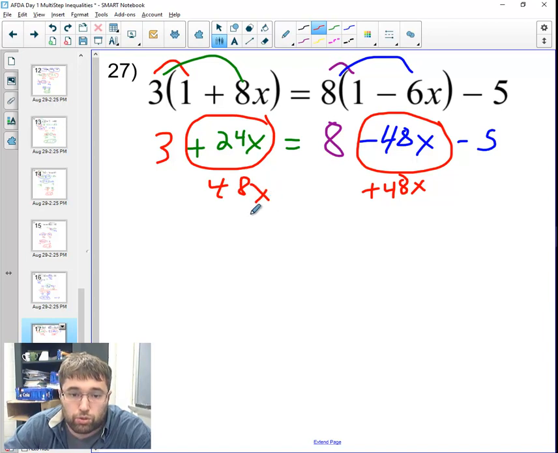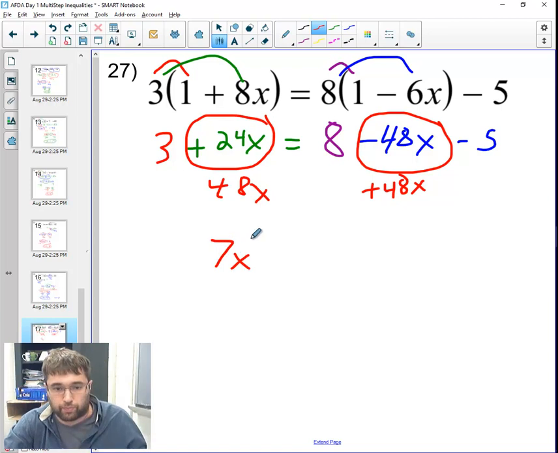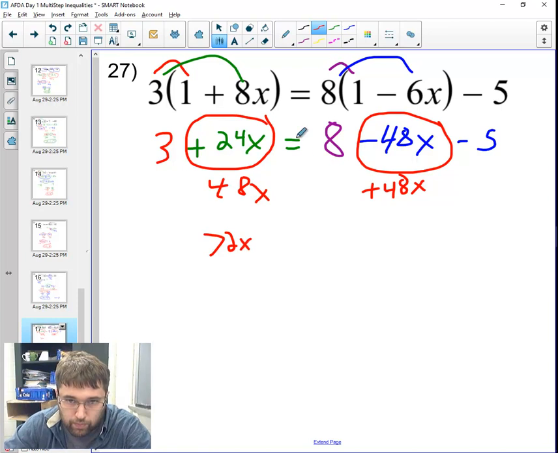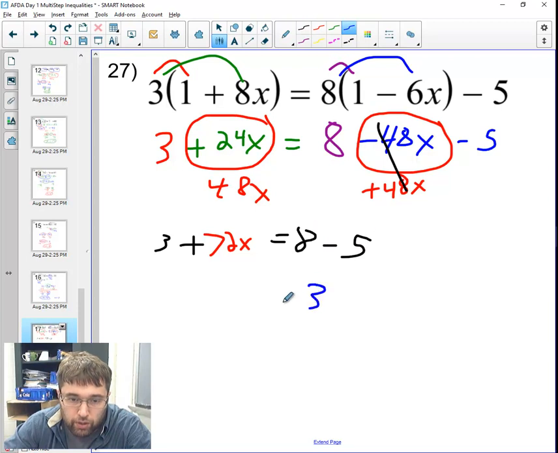Wow, that's huge. 24 plus 48 is 72x. And then this cancels out, bring down the positive sign, equals 8 minus 5. Combine these real quick. 8 minus 5 is 3, equals that.